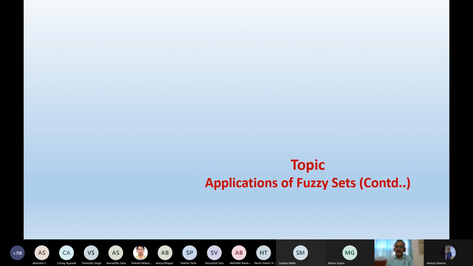If you want to carry out data mining, you can take the help of fuzzy clustering or clustering. As I told several times, this clustering is done based on similarity. That means two similar data points should belong to the same cluster, and two dissimilar data points should go to two different clusters.